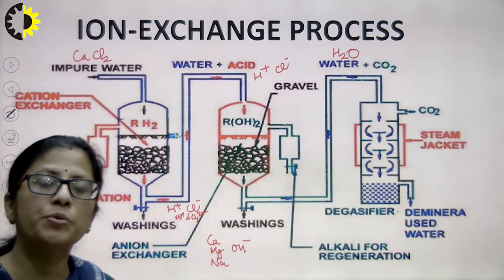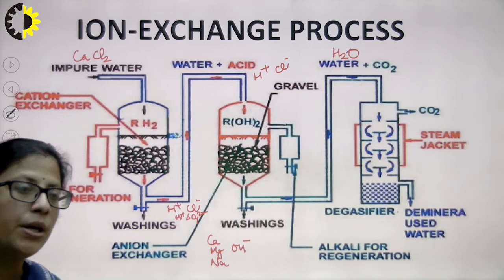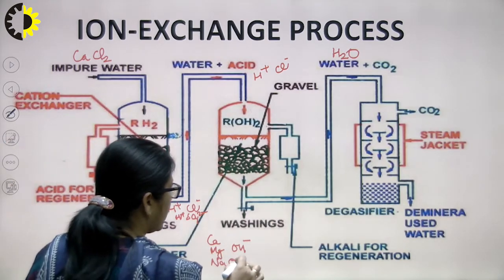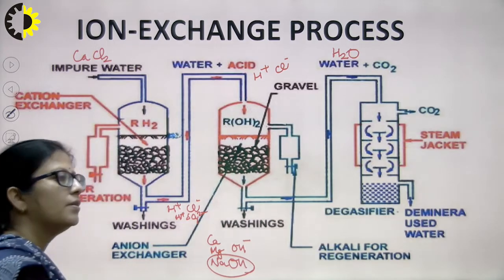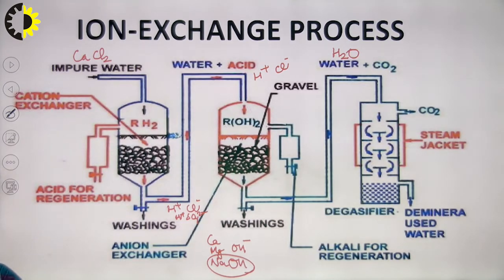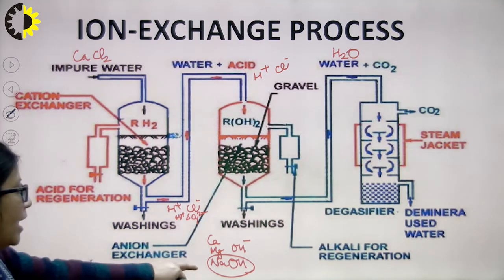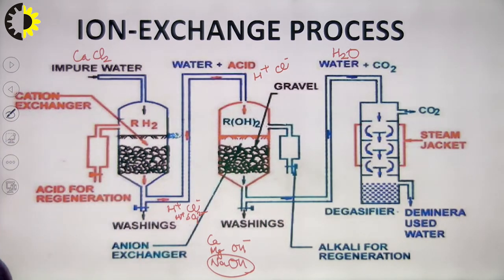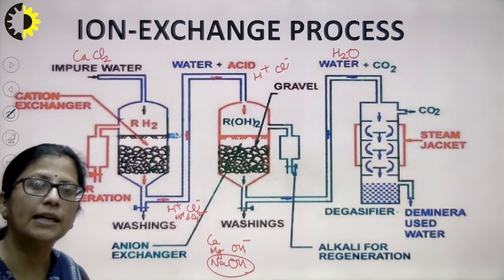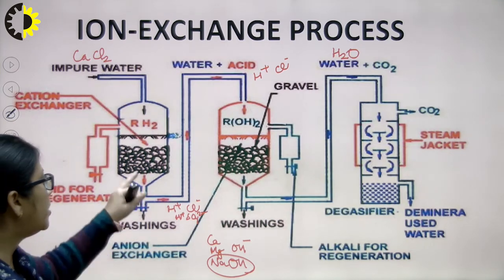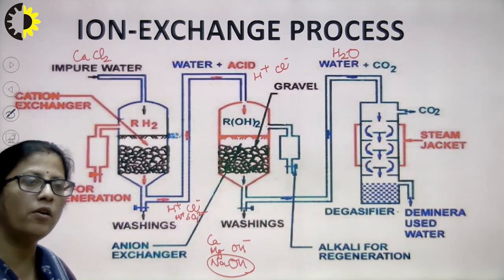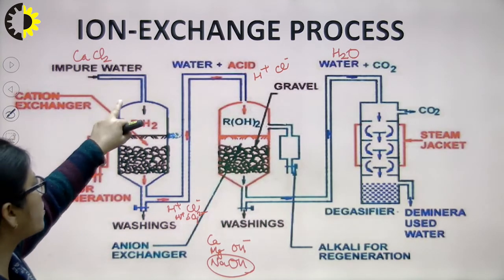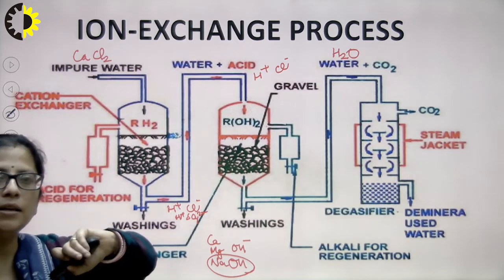Sodium does not produce hardness, but it is present in water. So this is going to result in the formation of the caustic element, that is NaOH. So NaOH is going to be formed, and this NaOH has the capability of destroying the cation exchanger. It is much stronger than the dilute acids, so it can destroy the cation exchanger. Therefore, the reverse process is not done. The sequence always remains: first the hard water is passed through the cation exchanger and then through the anion exchanger.